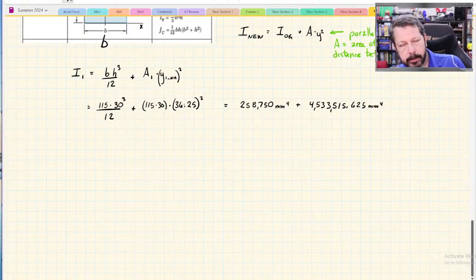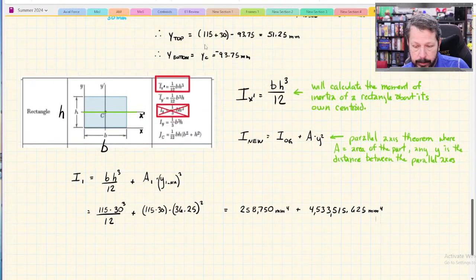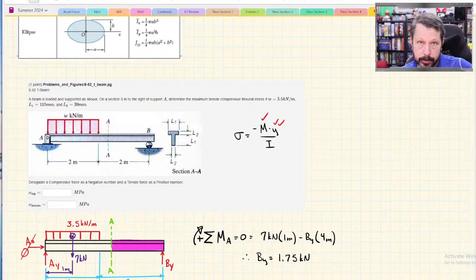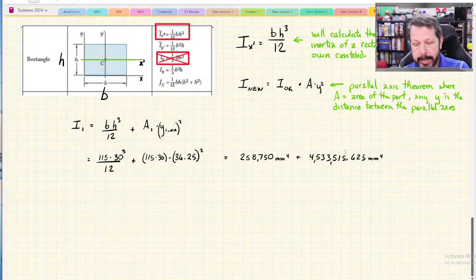But notice just the flat flange shape has a large number, 260,000 millimeters to the fourth, and large values of I. They're in the denominator, so large values of I are going to reduce the stress, right? Because they're in the denominator of the equation. So I get way more stiffness by having the parallel axis theorem part.